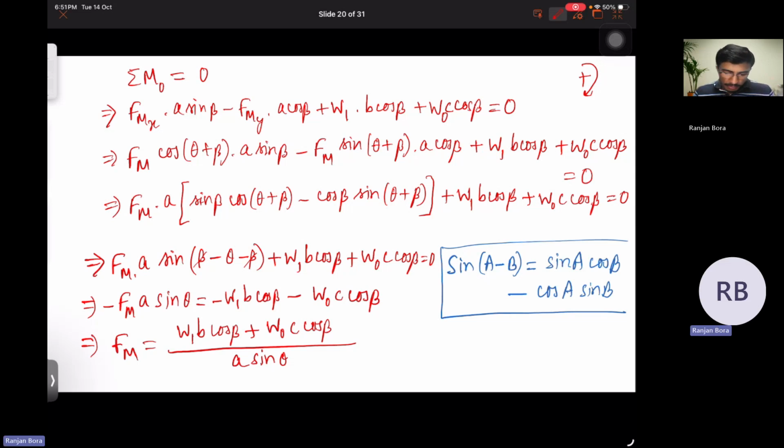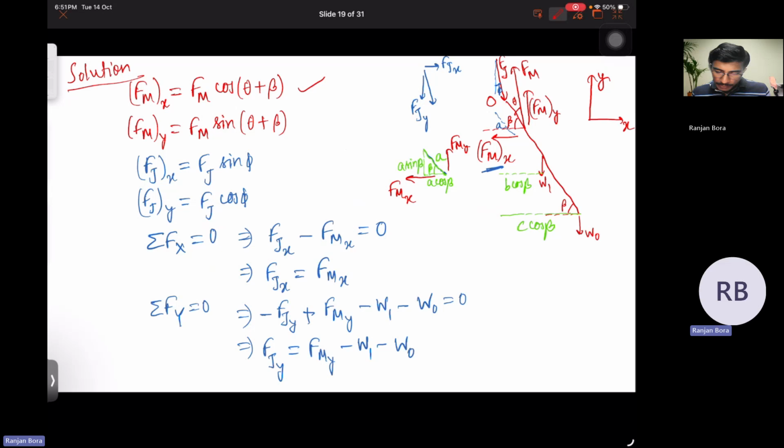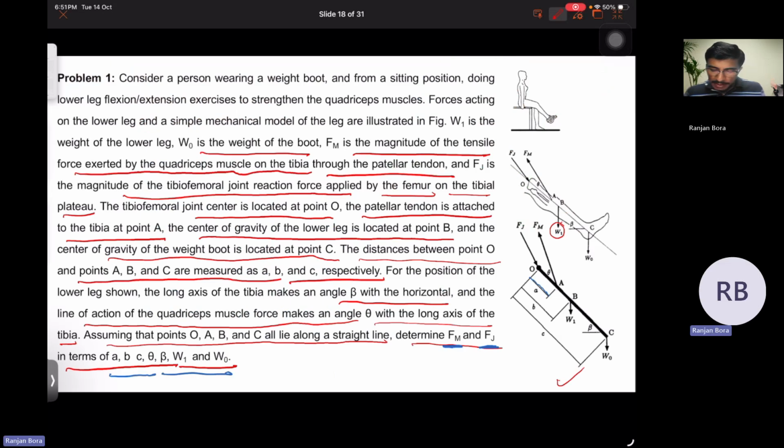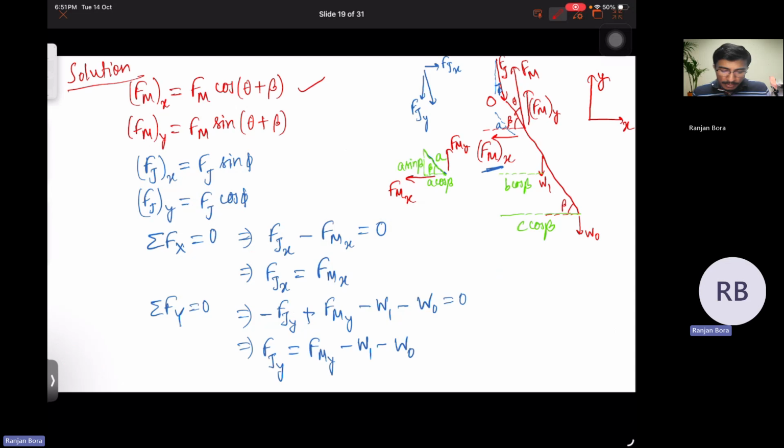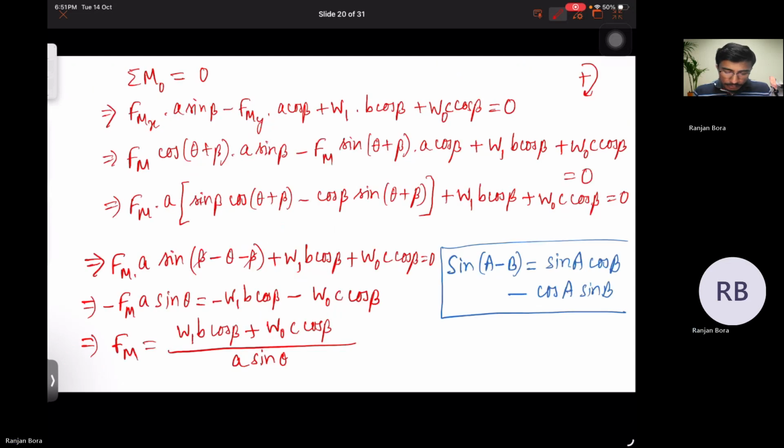So we have found one relation. We have determined Fm in terms of A, B, C, theta, beta, W1, and W0. So this is the relation for Fm.